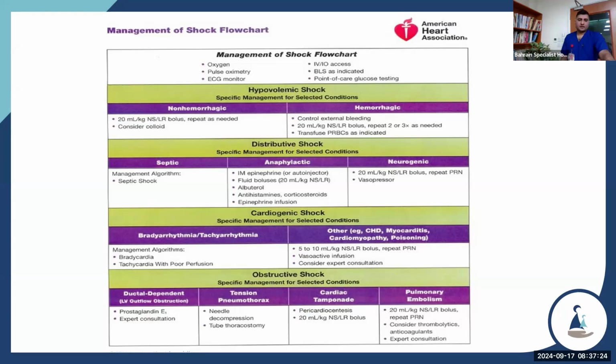Obstructive shock in ductal dependent lesions: you can give prostaglandin, expert consultation should be there. Tension pneumothorax: needle decompression, tube thoracostomy. Cardiac tamponade: you can do pericardiocentesis and fluid. Pulmonary embolism: fluid with consideration of thrombolytics, anticoagulants, and expert consultation.